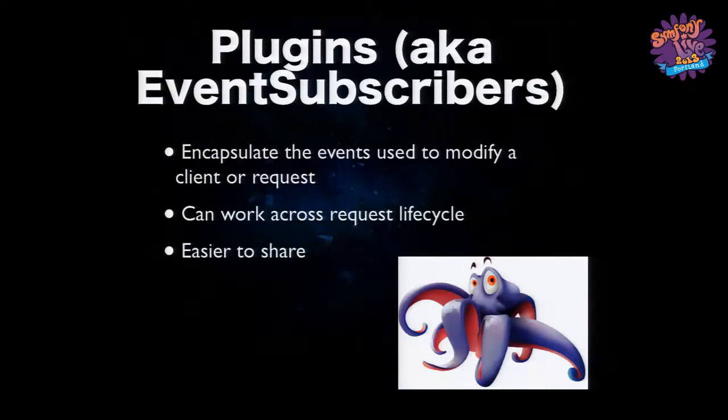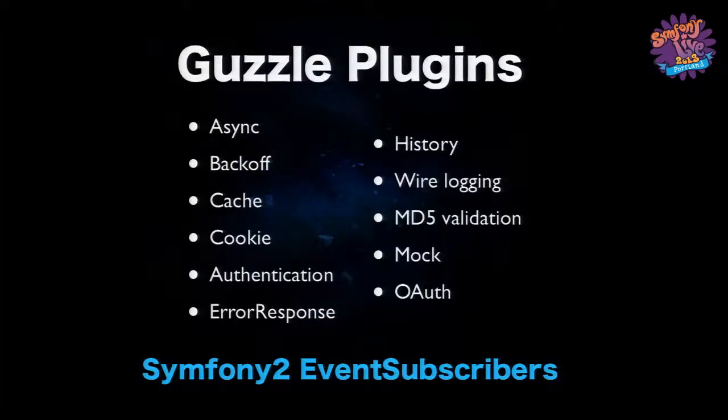On request.beforeSend, you would inject the auth header, and on request.error, you would do error checking and handling. Having to inject these two listeners yourself, exposing that as well, is kind of a bad design. So you can encapsulate and hide that by creating an event subscriber. And these can work across the entire request lifecycle. They're also easier to share. So if you're doing something that you're going to reuse or you want other people to use, definitely use an event subscriber.